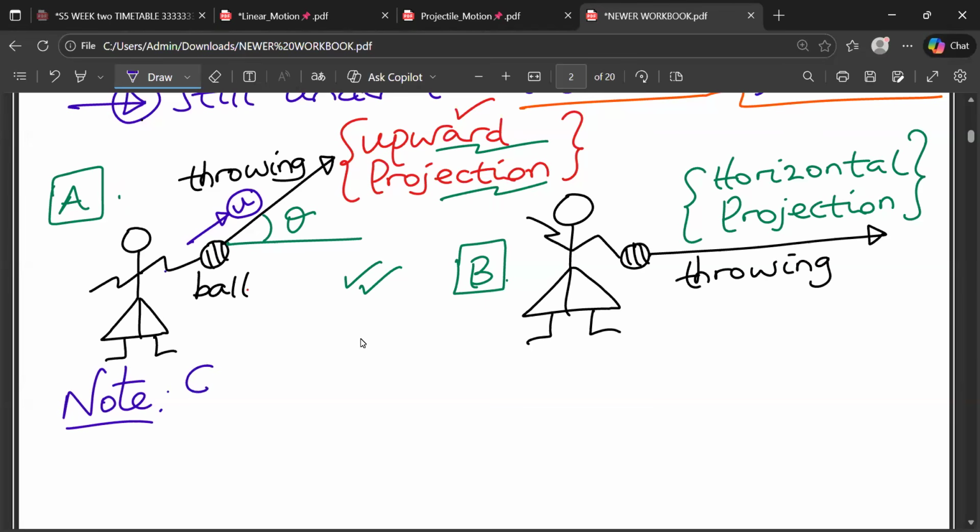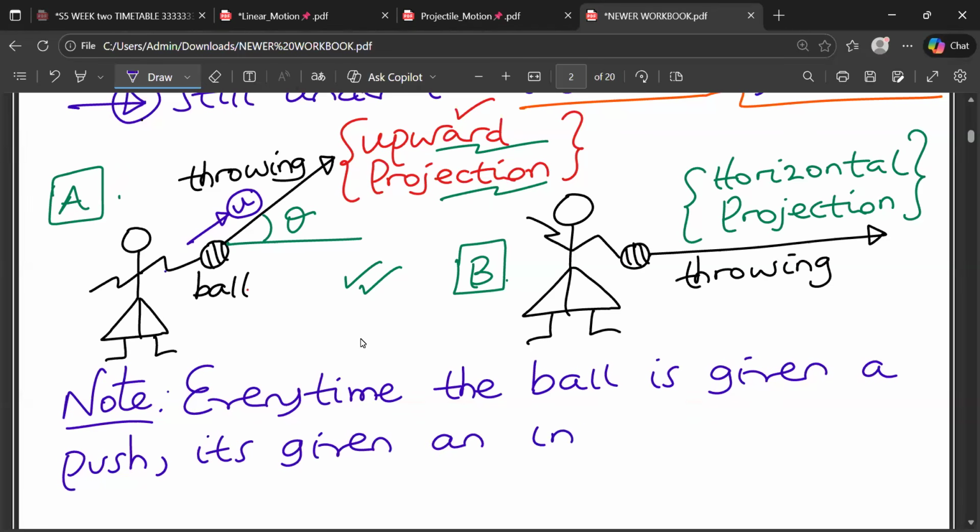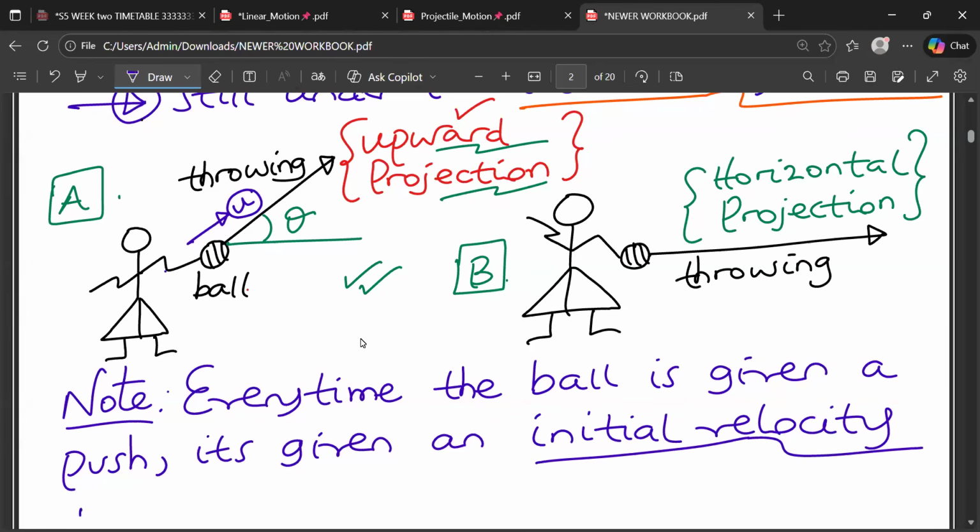Note: every time the ball is given a push, it's given an initial velocity with which it moves.